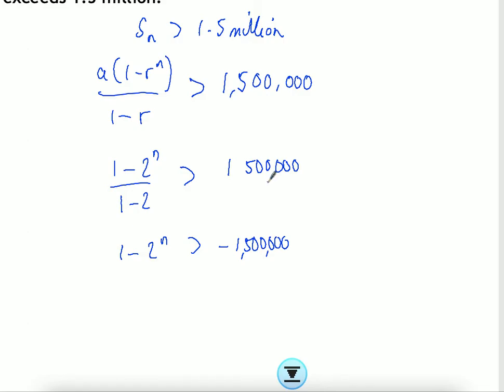Now I'm going to subtract 1 from both sides. So that should be a 1 on the end. And now I'm going to multiply both sides by -1 again, which means it's going to, oh sorry, I didn't reverse it there, did I? Silly me. And then I've got to make sure I reverse it again here.